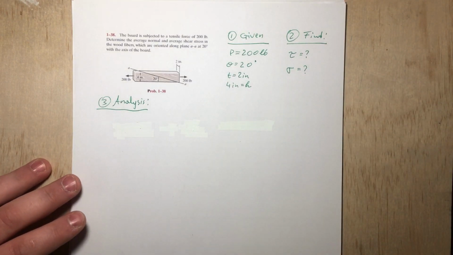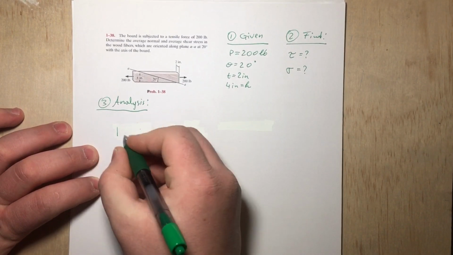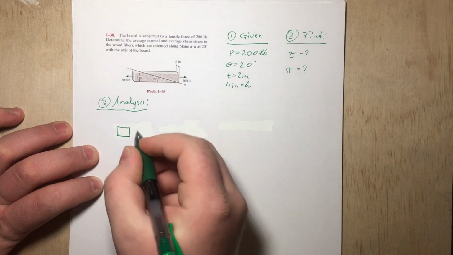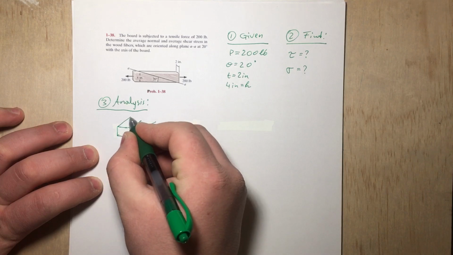So let's analyze this problem as always. After we make this cut AA, we're going to obtain something that looks similar to this right here. So let's go ahead and draw that.